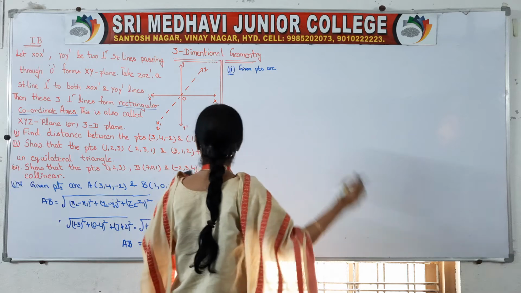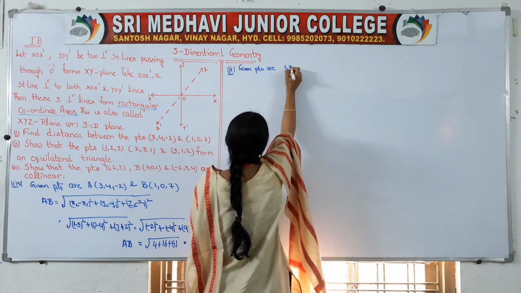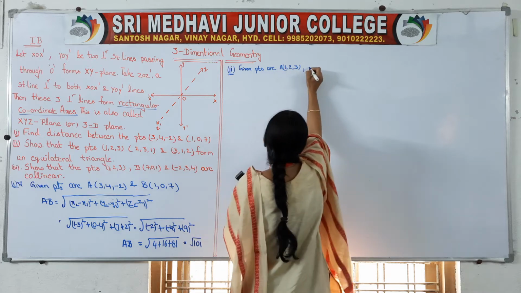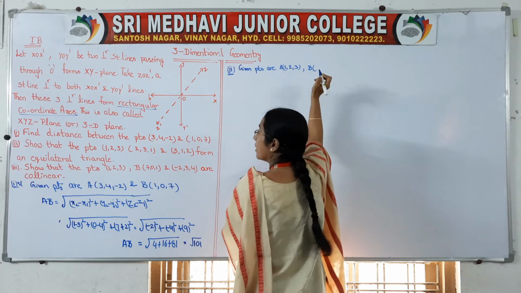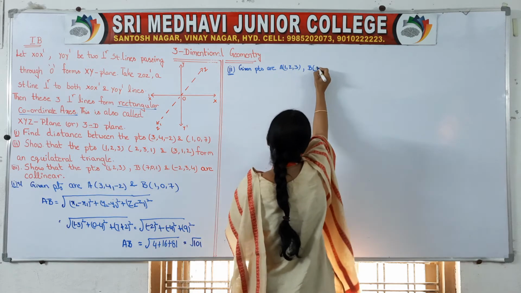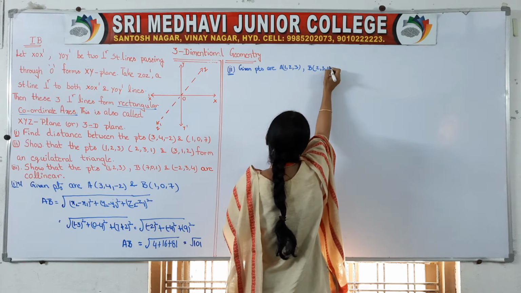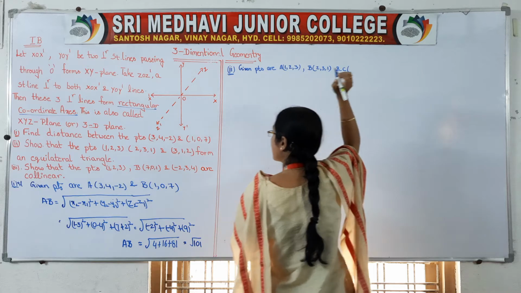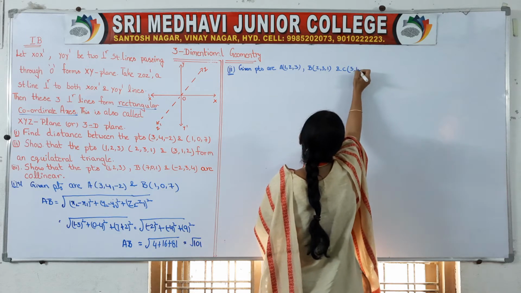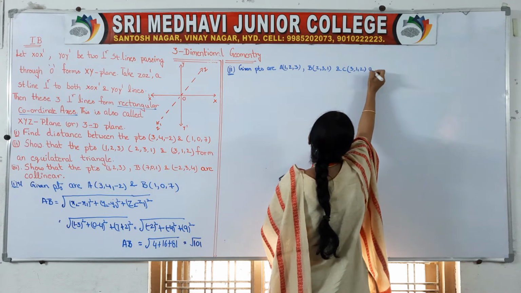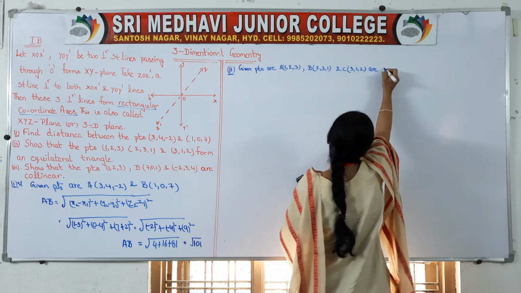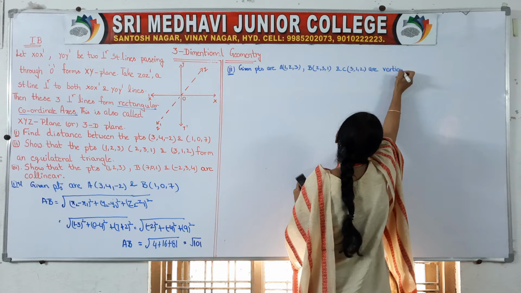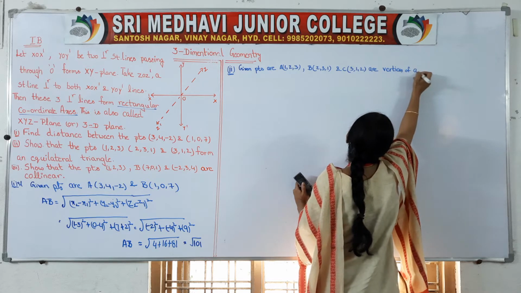First 1, 2, 3, you consider as A point, and B point is 2, 3, 1, and C point is 3, 1, 2. These are the vertices of a triangle.